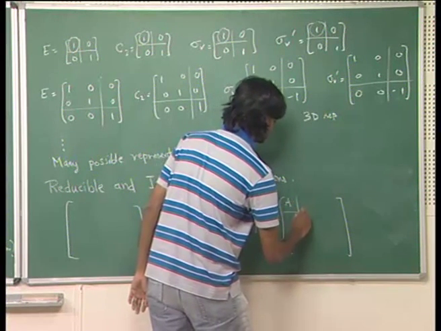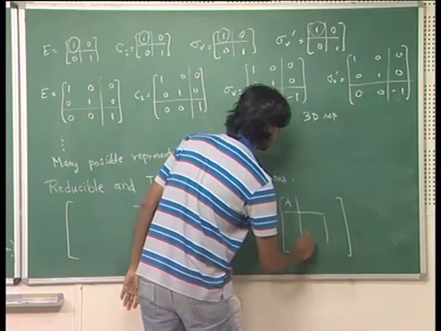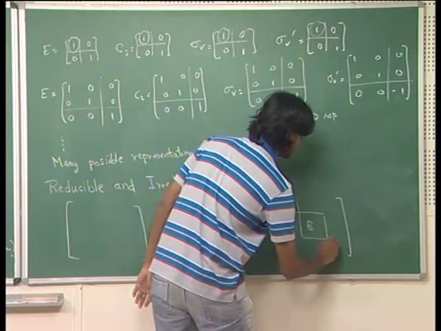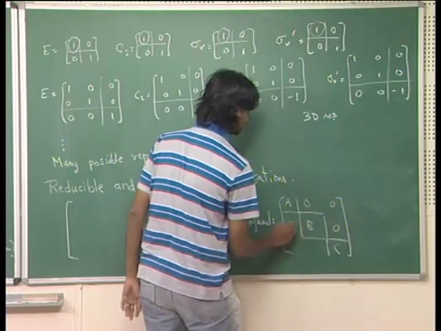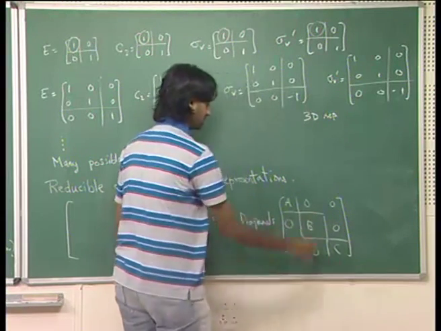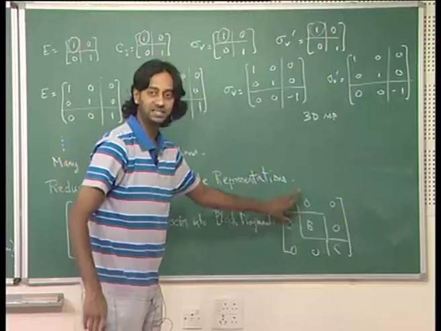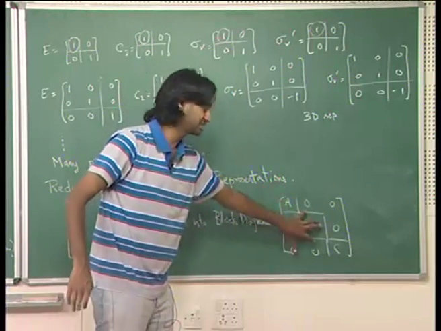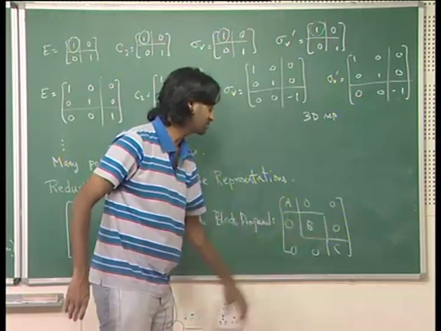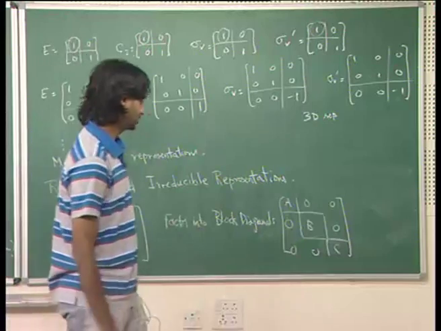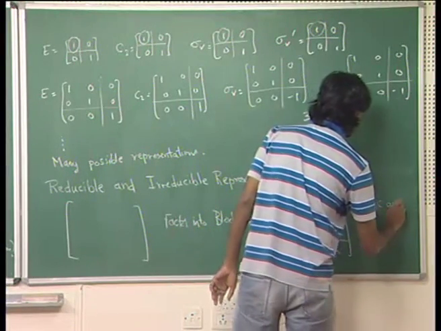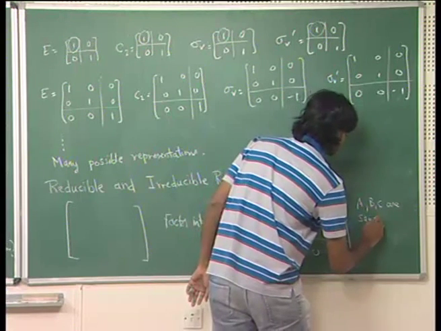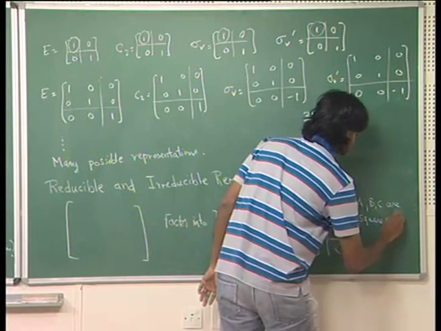A, you might get something like this, B, C, and you will get zeros everywhere else. Okay, so you get zeros for all the rest. This is one part of the matrix. This is another piece of the matrix. So all these are square matrices. So A, B, C are square matrices.